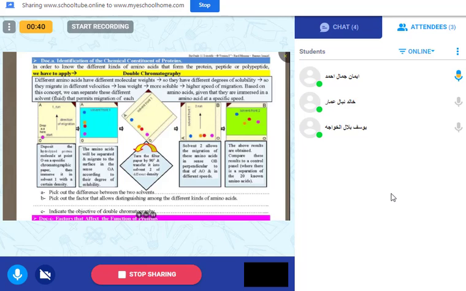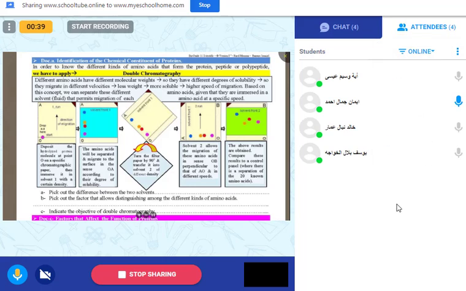So they have different degrees of solubility. What do you mean by solubility? Solubility is the ability to dissolve. You know that not all chemicals dissolve the same way. For example, you have chemicals that dissolve in water, while other chemicals do not dissolve in water.